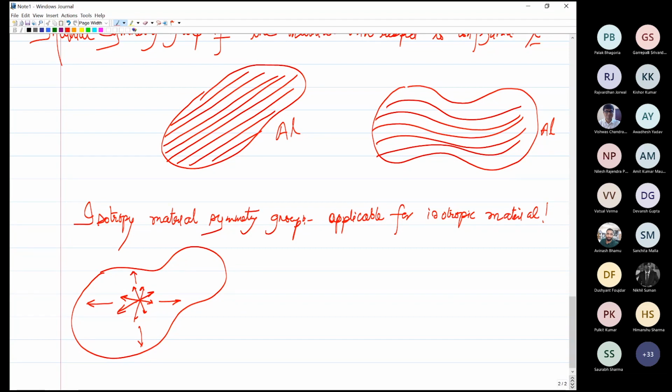So even if you rotate the body by any amount, the response function will remain unchanged. Don't you think so? If we rotate the body by any amount, because locally the microstructure of the material is still isotropic, rotation does not do anything, no? If we rotate the body by any amount, the response function does not change.